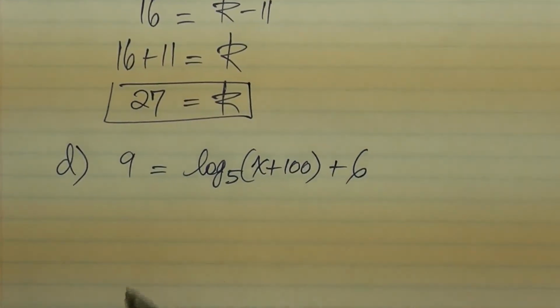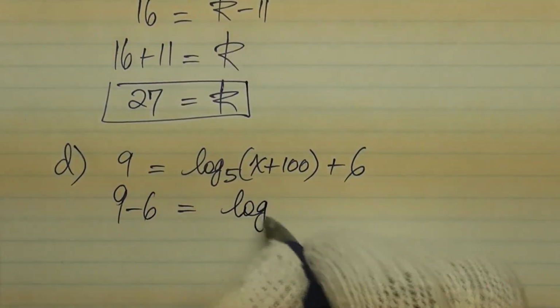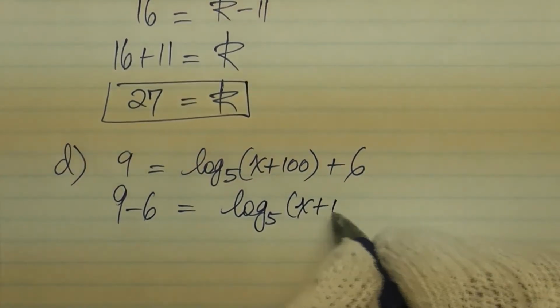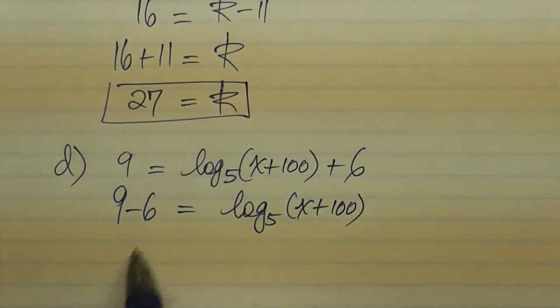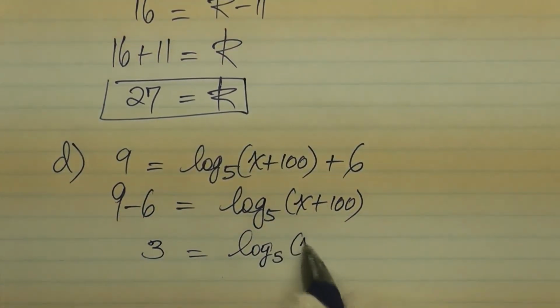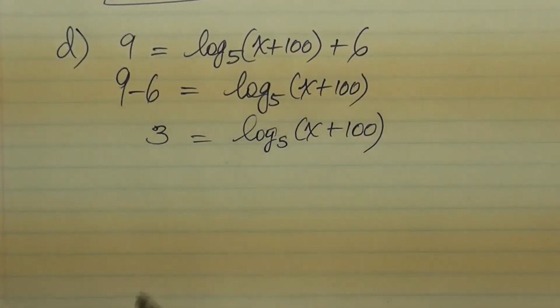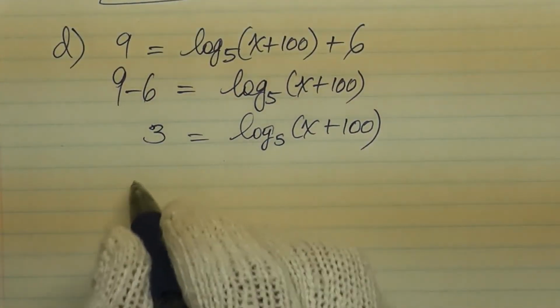So if we move the 6 to the other side, nine minus 6 is 3. I'm going to raise both sides to base 5.